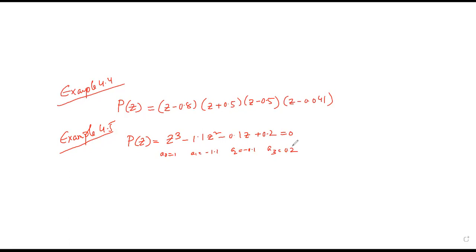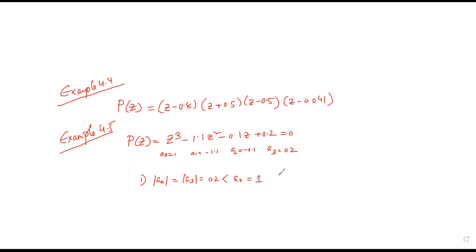To proceed with this particular problem, the first condition is that the magnitude of A_N, which in this case is A3, which is 0.2, needs to be lesser than A0. In our case, A0 is 1.